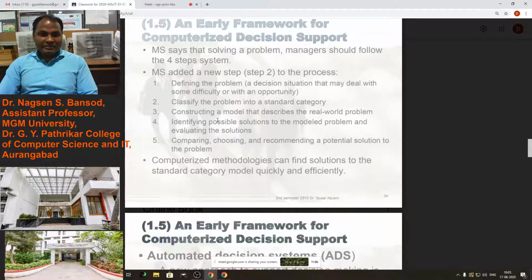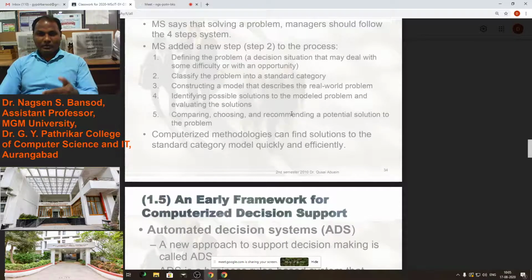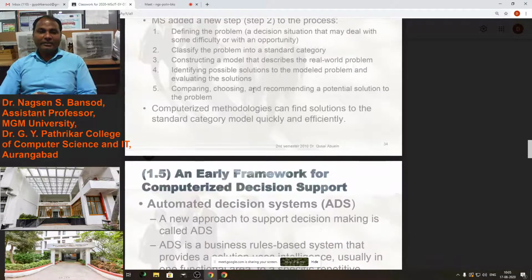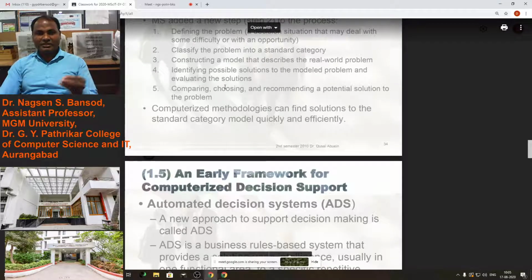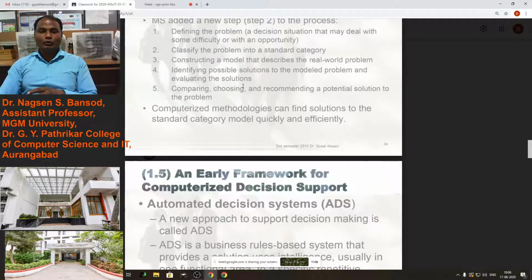Then construct a model that describes the real world problem. After classification, you have to construct a model to describe the real world solution of that problem. Then identify the possible solutions to the model problem and evaluate the solutions.